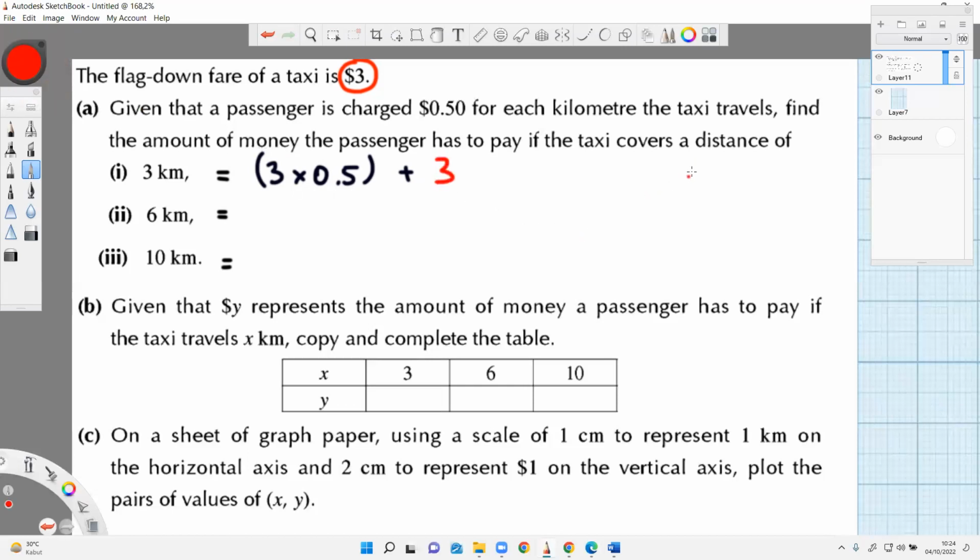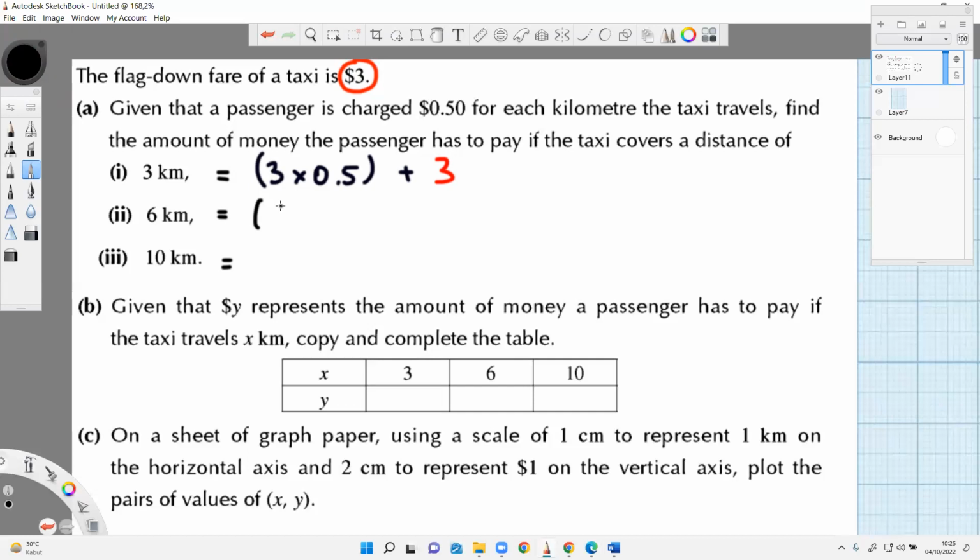Understand, guys? How about 6 kilometers? What is the formula? Kevin, write down the formula. You can say it out loud. Formula first, no need to count.